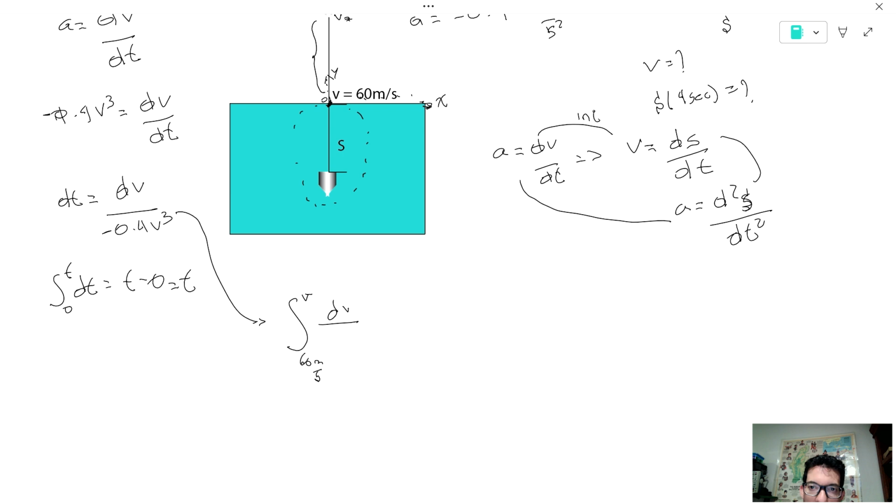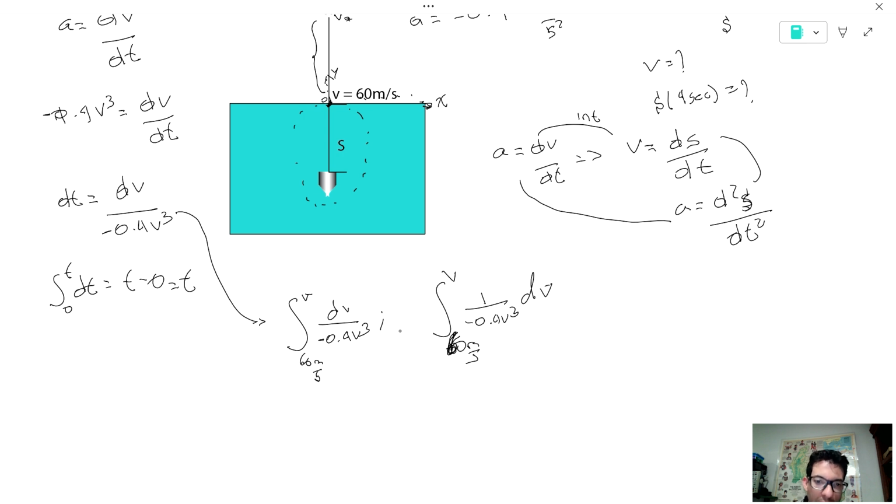So integrate, if we're going back, and the function is 1 over 0.4 v^3. Don't get confused. This is the same thing as saying the integral from 60 meters per second to v of the function 1 over 0.4 v^3 dv. This is the same thing, okay? It should be pretty simple to see that.